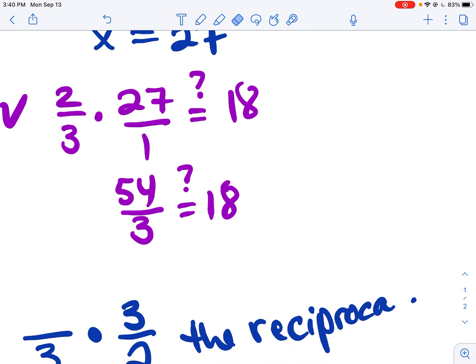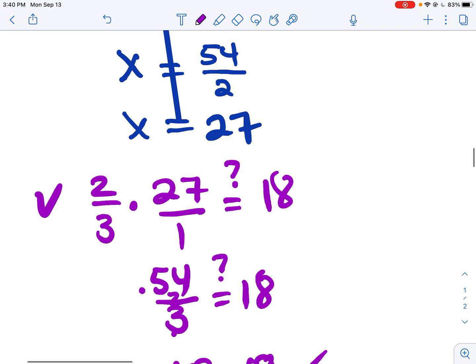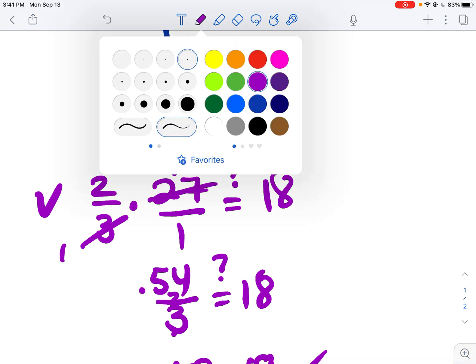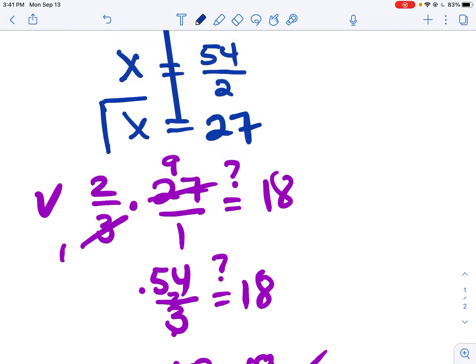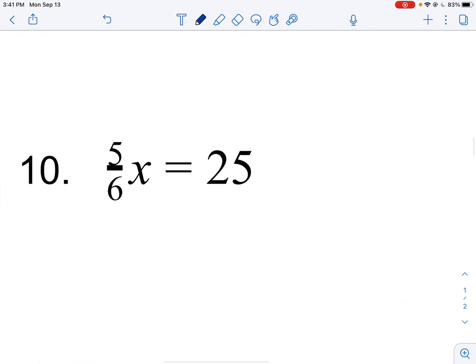Does this equal 18? 3 goes into 5 one time with 2 left over. 3 goes into 24 8 times. So yes. Now, if you did cross cancellation, which hopefully you're doing by now, the 27 changes to 9, and 2 times 9 gets 18. So 27 is our answer on that one.